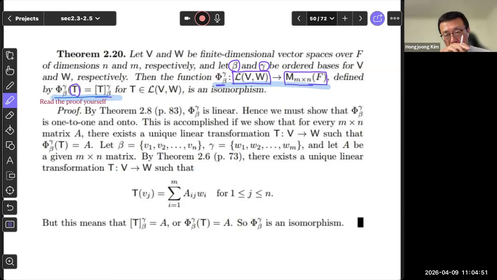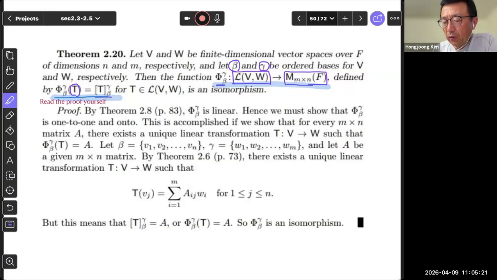And is it 1 to 1? Yes, because the matrix is uniquely determined. Is it onto? Yes. Now, what do you mean by onto? Onto means if I choose any vector from the codomain, it belongs to the range.